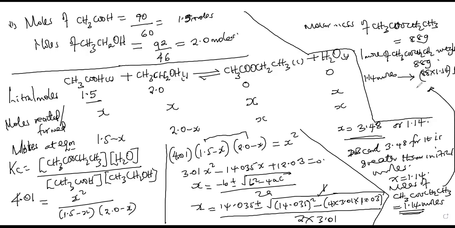So the mass of ethyl ethanoate will be 100.32 grams. And that is how you would really get the answer.